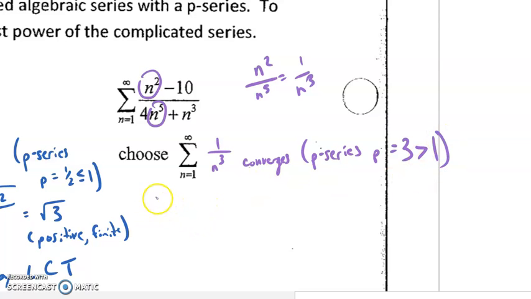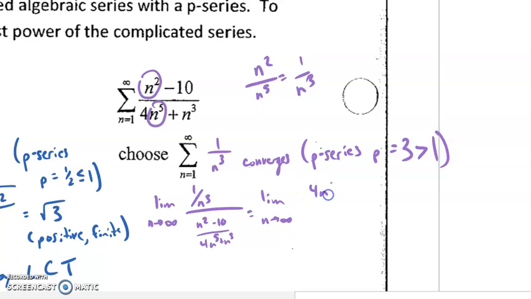So we can try the limit comparison test by taking the limit of the corresponding terms. And this one, again, will be a little bit more complicated, but we can do it. I have faith in us. We're dividing by that fraction, which means we're multiplying by its reciprocal.